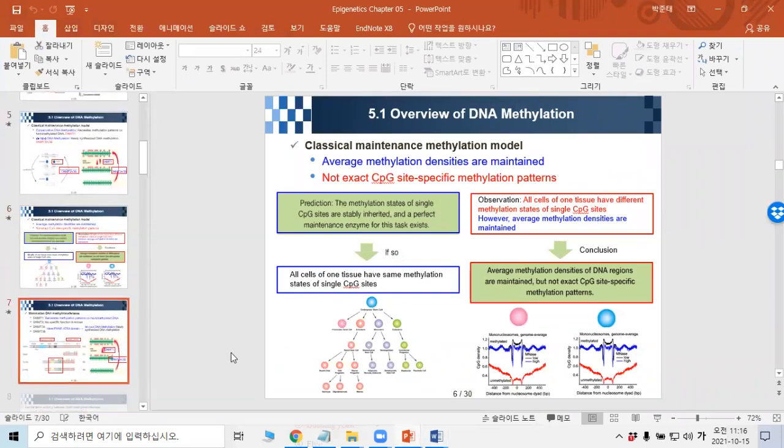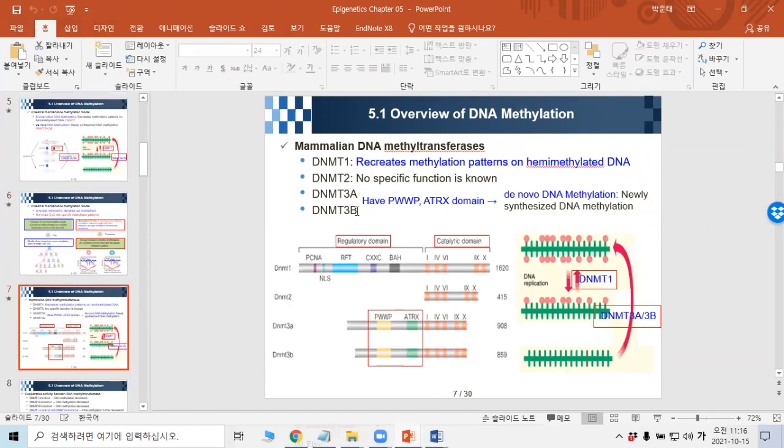Also, this is the structure of DNMT1 and DNMT3A and 3B, like this. 3A and 3B have some specific domains. In our homework, there was a question asking about PWWP and ATRX, like this.